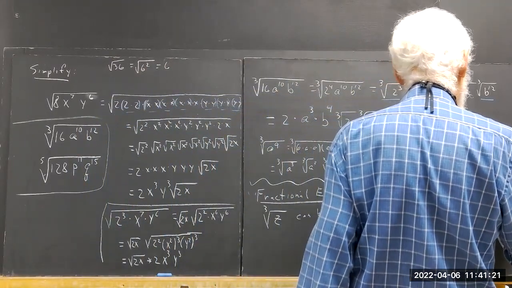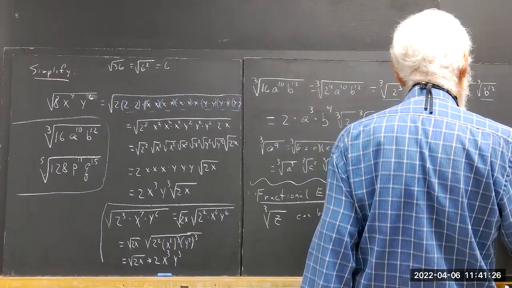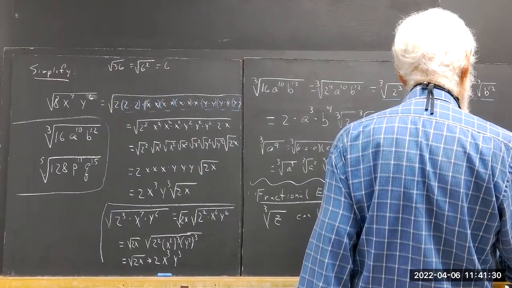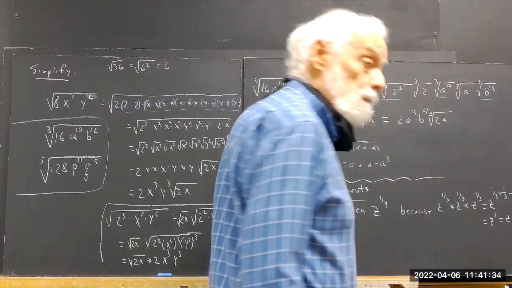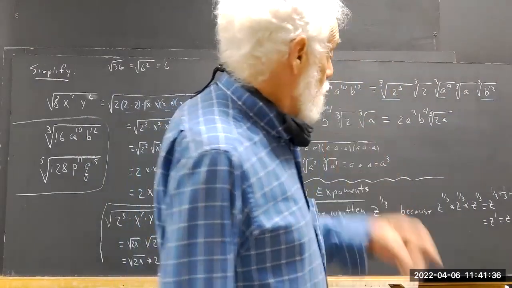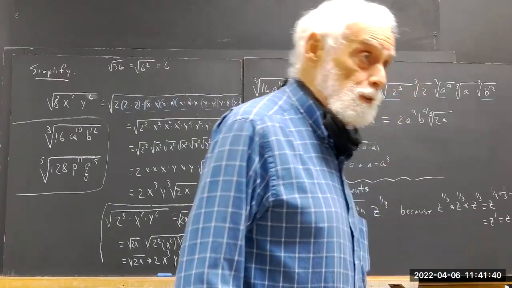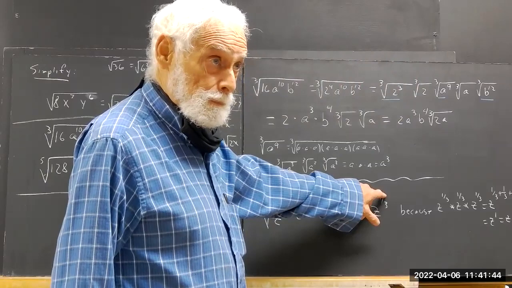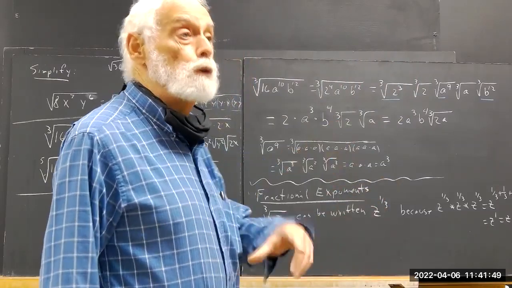So this is z to the 1/3 plus 1/3 plus 1/3, which of course is z to the 1, which is just z. So if you cube z to the 1/3, you get z. So the cube root of z can be written z to the 1/3. Again, cube root of z is whatever you cube to get z.